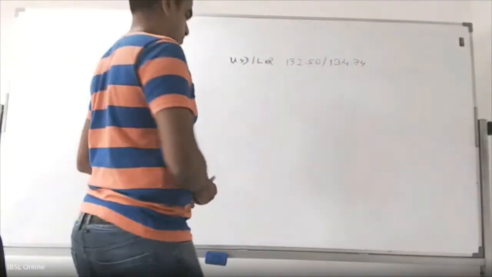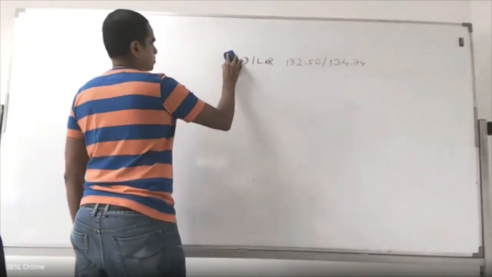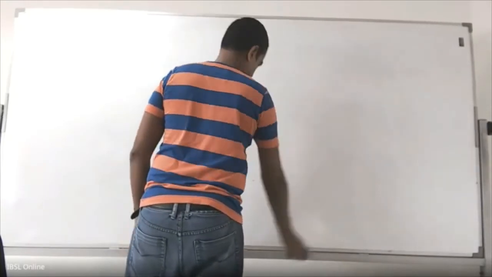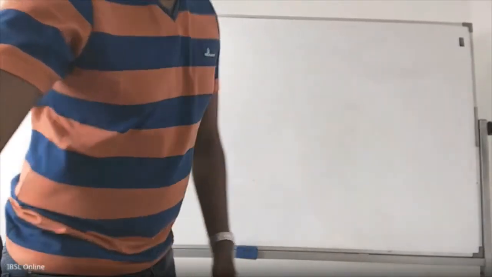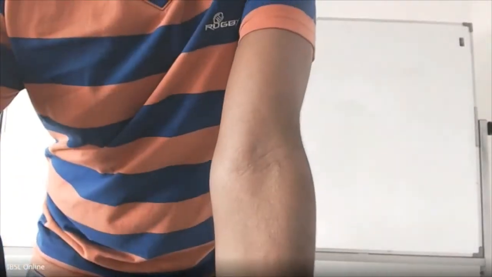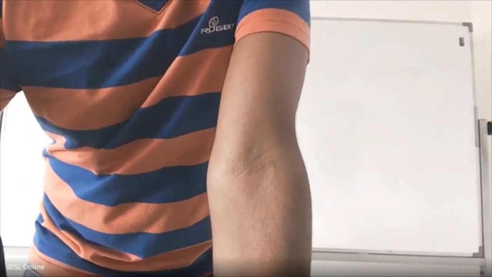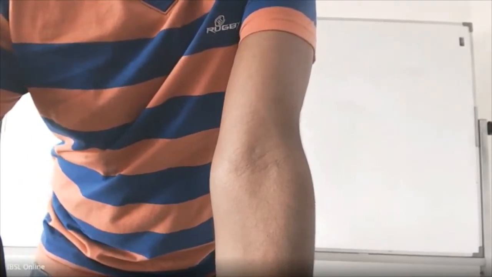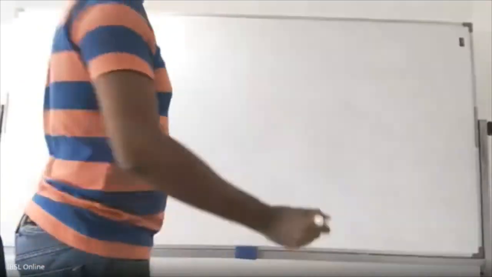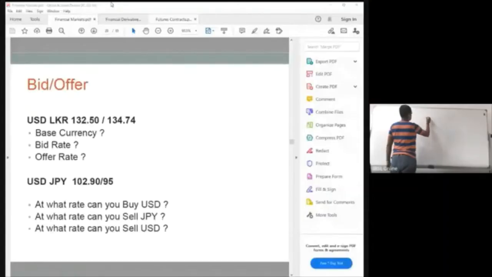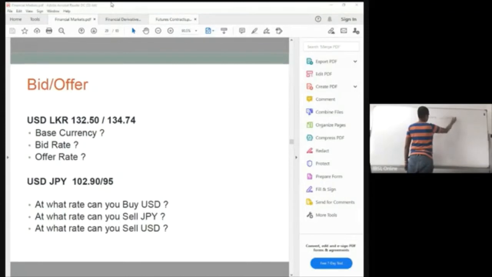Dollar yen. And then 290.95. This can be written as 102.995.